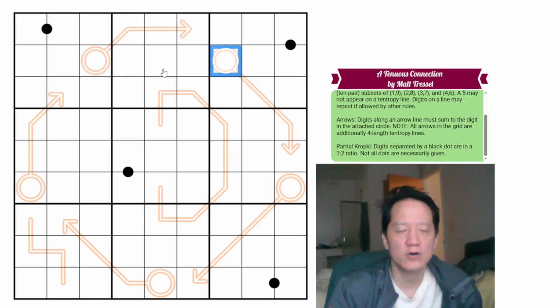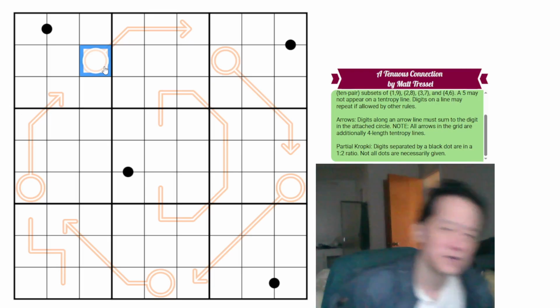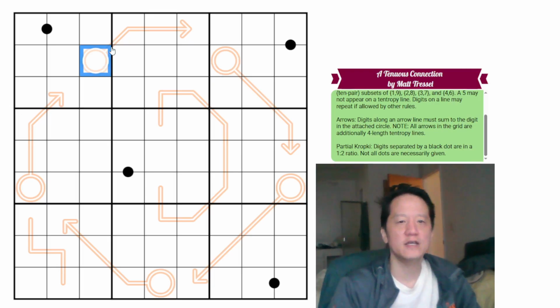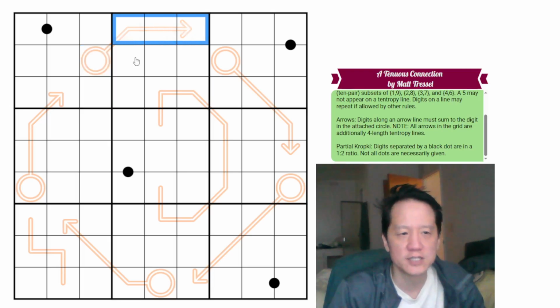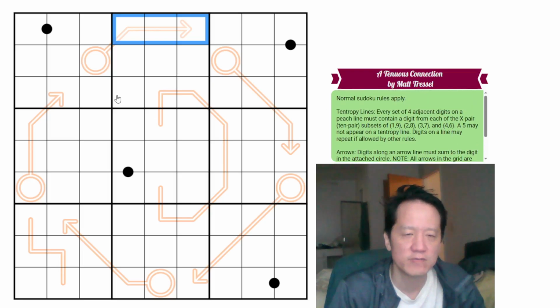We know any of these digits have to be 6, 7, 8, or 9, to add up to with 3 unique digits. If it's 6, it has to be 1, 2, 3, and that satisfies tentropy. If it's 7, it has to be 1, 2, and 4, and that also satisfies the tentropy line rule.